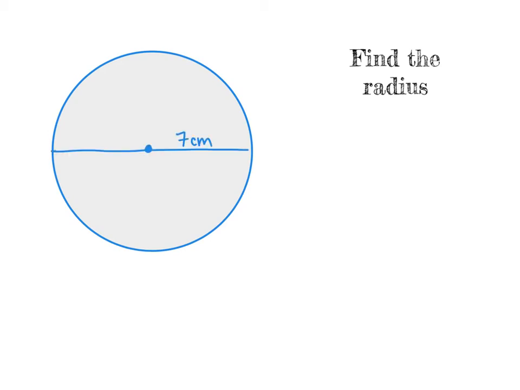So say for example, I was given a circle like this. Notice that you have a line that's going from edge to edge and cutting through your center, right? So you know what about the circle? Well, we know that the diameter is equal to 7 centimeters. So my question is, well, what is the radius, right?